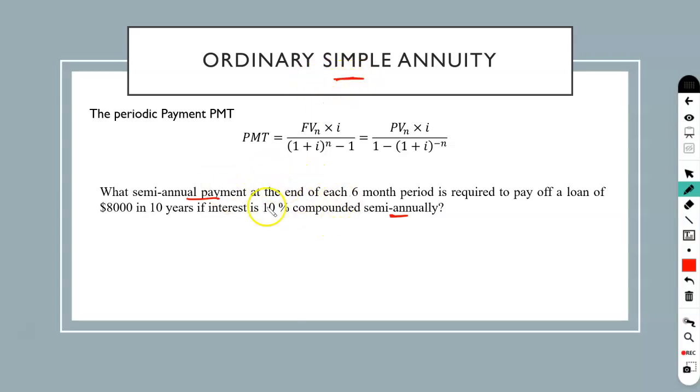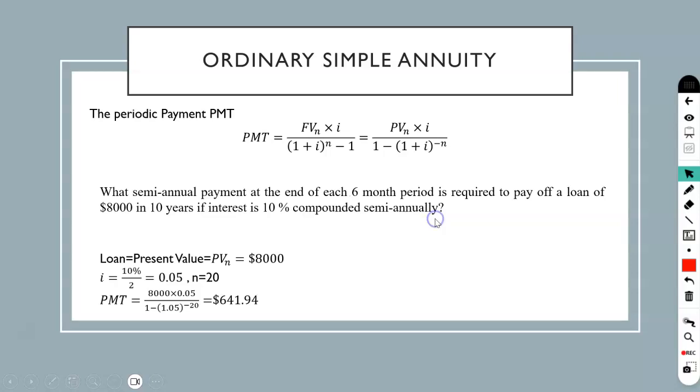We have all the data, so you can substitute it in the present value formula to calculate the semi-annual payment. Substitute and follow the BEDMAS rule while calculating, and you will get this value.